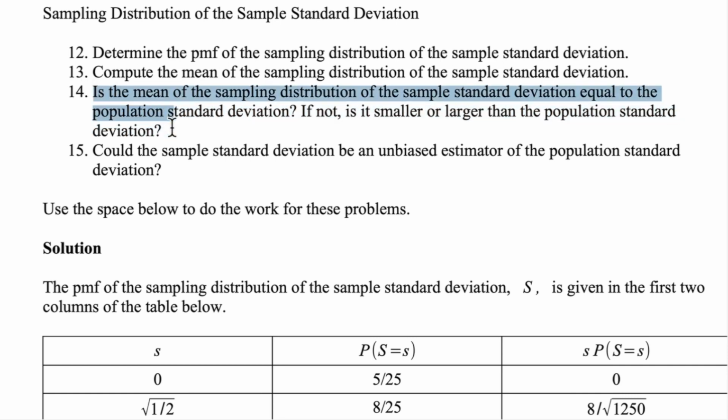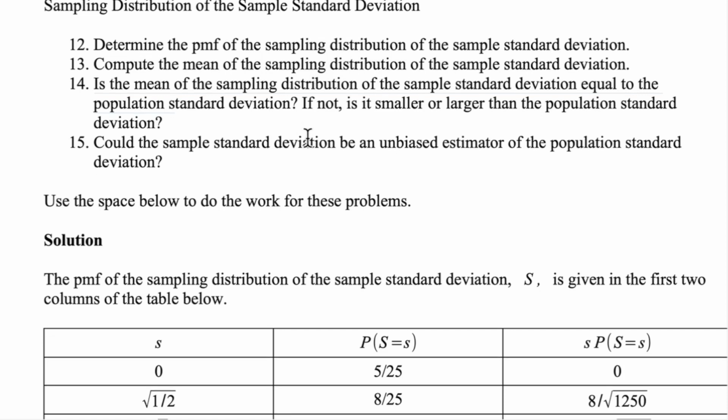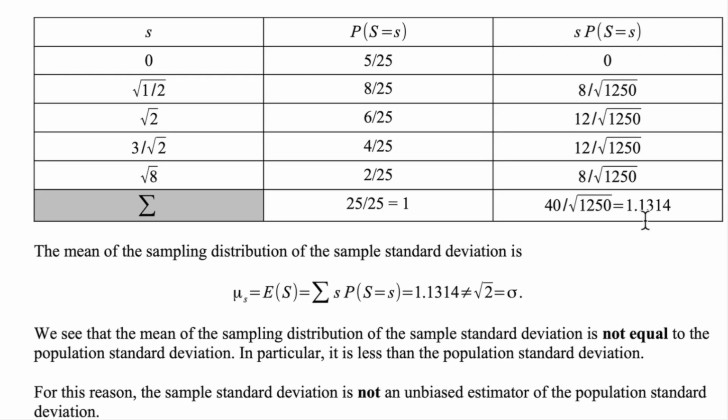Now, question 14 asks, is the mean of the sampling distribution of the sample standard deviation equal to the population standard deviation? If not, is it smaller or larger than the population standard deviation? The mean of the sampling distribution for the sample standard deviation in this particular situation is 1.1314. That is not equal to the square root of 2.